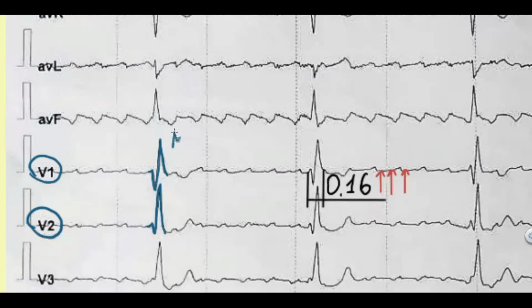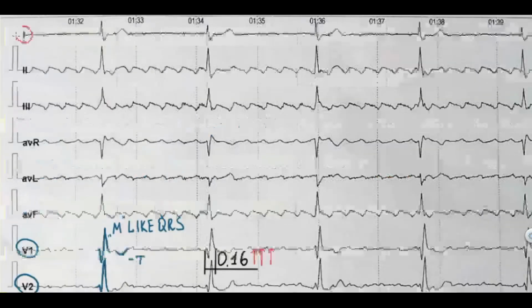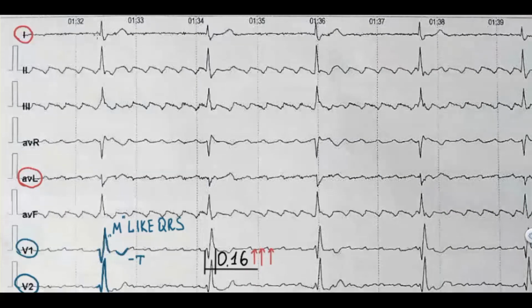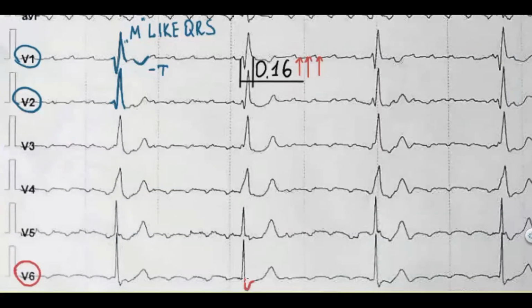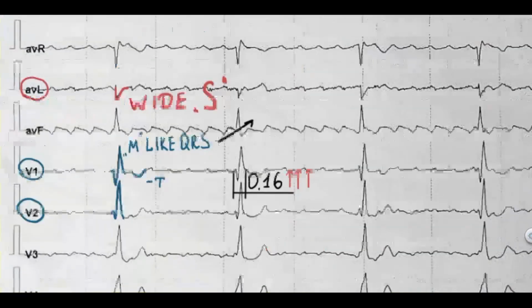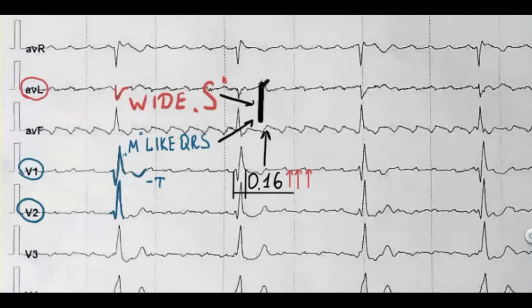The QRS complex here has an M-like morphology and negative T. Also in V6, first standard lead, and AVL, we see the widest wave. These changes are common for right bundle branch block.